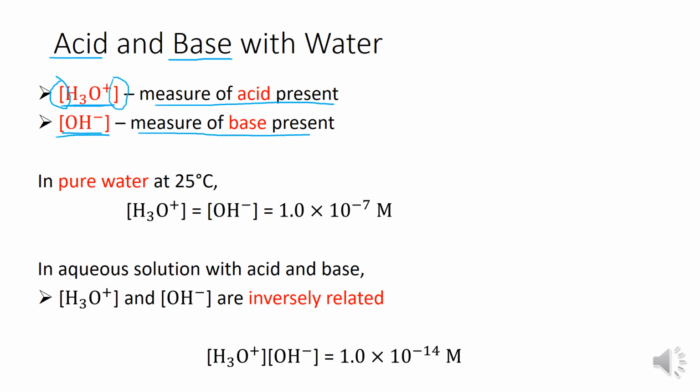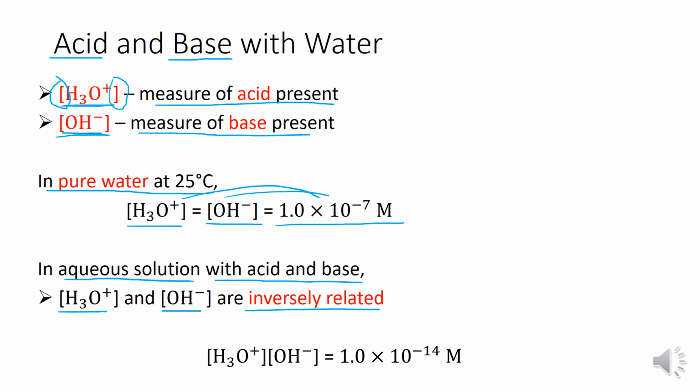Now, experiments have shown that in pure water at 25 degrees Celsius, the concentration of hydronium ion is equal to the concentration of hydroxide ion, and they are both equal to 1 times 10 to the negative 7 molarity. On the other hand, in an aqueous solution with an acid and/or a base, the hydronium ion concentration and hydroxide ion concentration are inversely related.